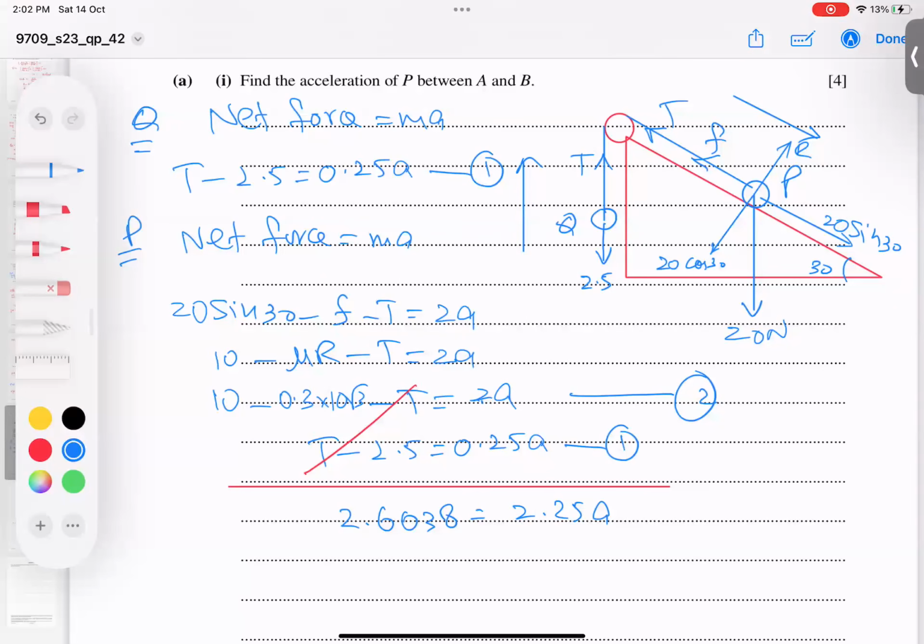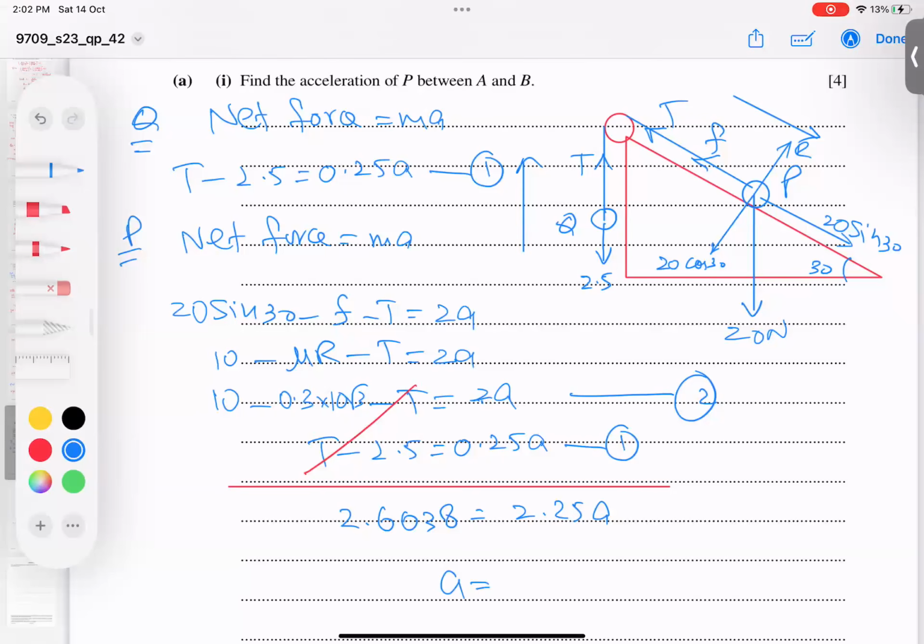Now I think I have a clear idea. 2.6038 divided by 2.25. So now it is 1.2.25, and I get the acceleration here. It should be more accurate. I'm getting a less accurate answer. Wait a minute. 10 minus 0.3 times 10 times root 3, and afterwards minus 2.5, and divide the whole answer by 2.25.